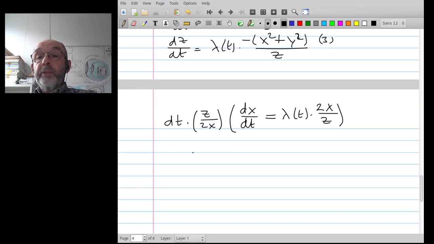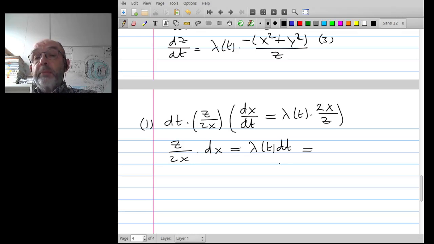What do we get out of it? We get z over 2x times dx is equal to lambda(t) dt. That is out of the first equation.